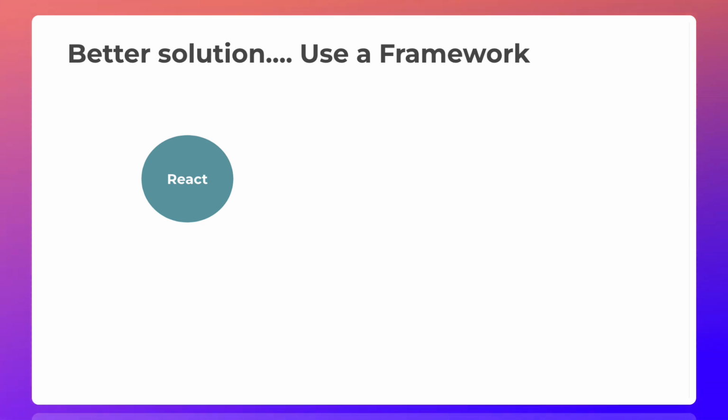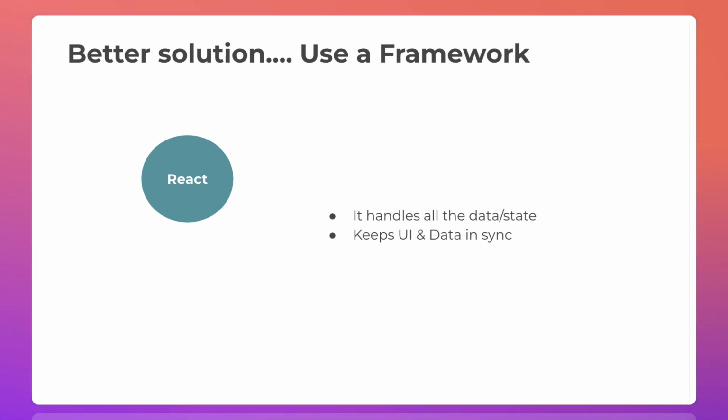So with React, the main thing is that it handles all of the data, the state, and everything, so we don't have to do that manually. It also keeps the UI and data in sync, which is the main reason why we wouldn't want to use vanilla JavaScript to get this to work. All of that is actually taken care of by React.